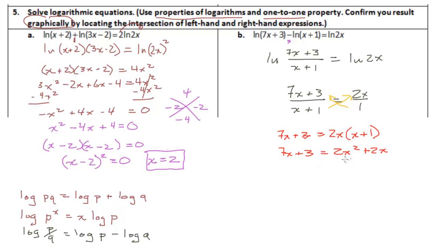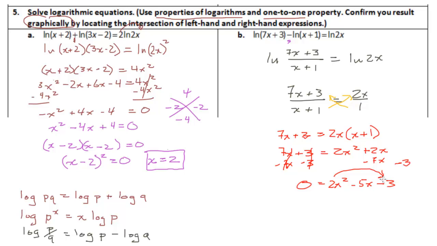It's a quadratic equation, so let's set it equal to 0, and let's subtract 7x from both sides and subtract 3 from both sides. What we get on the left is 0, and on the right is 2x squared minus 5x minus 3. We need to see if we can factor this.